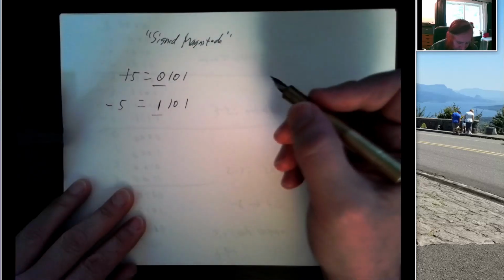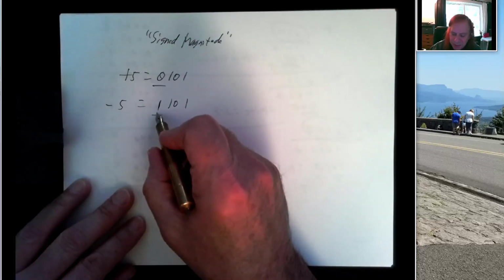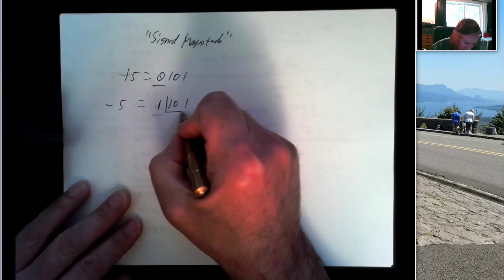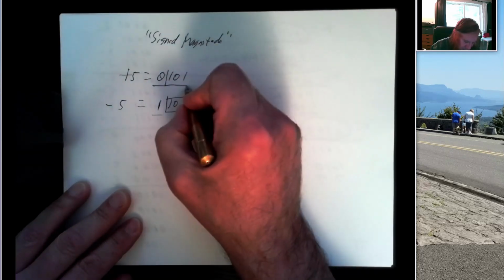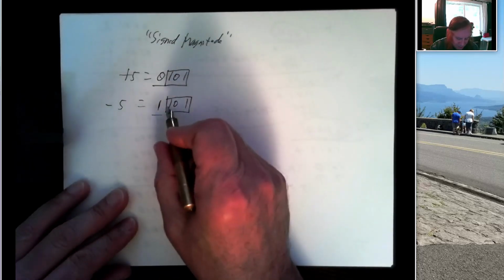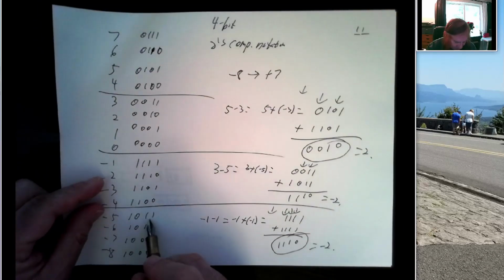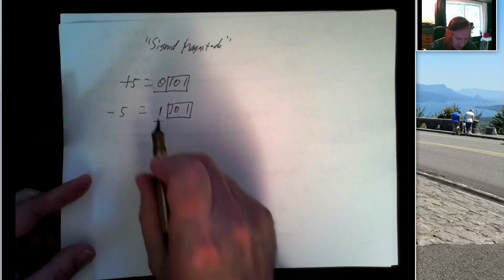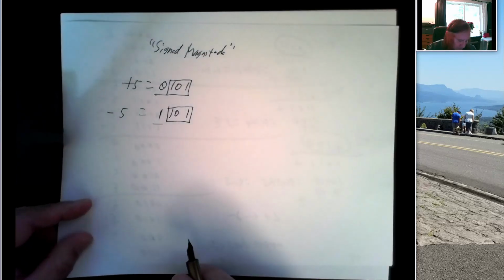And so we again use this idea that 1 means the number is negative, a 0 means it's positive, but the remainder we just treat as a plain old unsigned number, and we say 1 plus 4 is 5. So 2's complement, negative 5, is 1, 0, 1, 1. Signed magnitude, it's 1, 1, 0, 1.